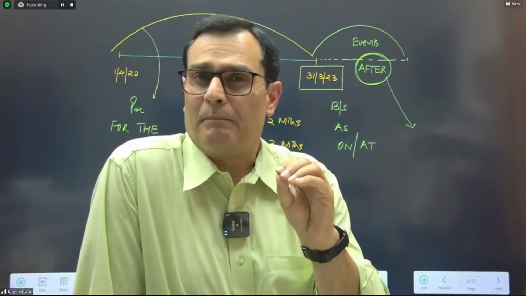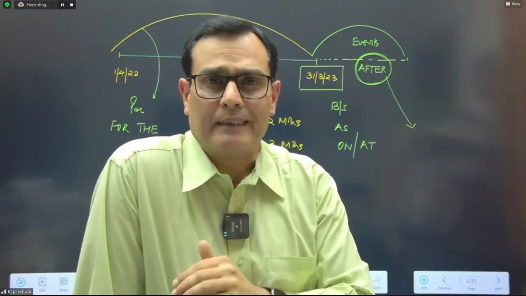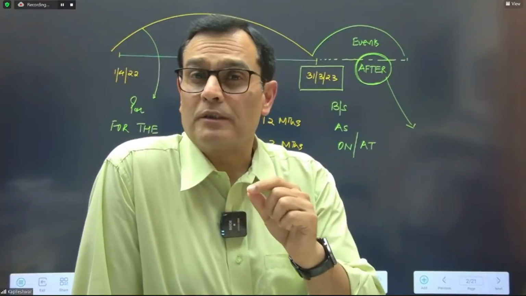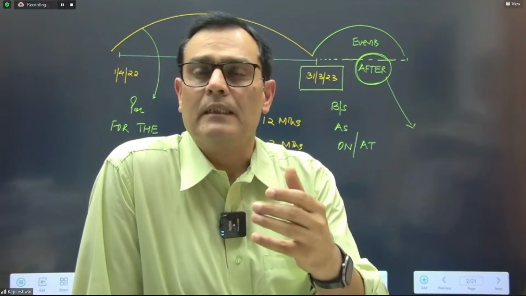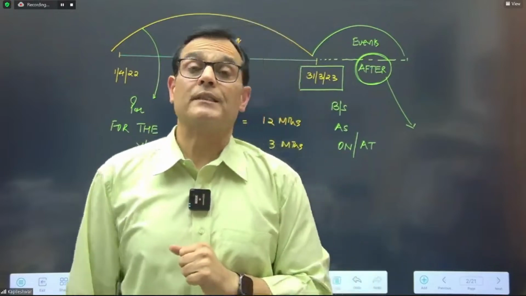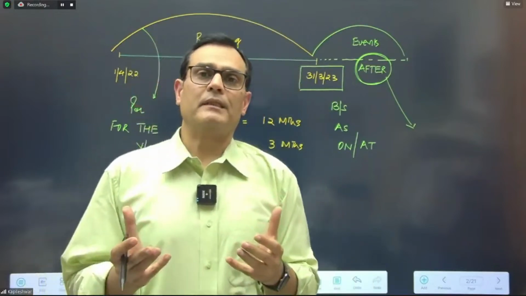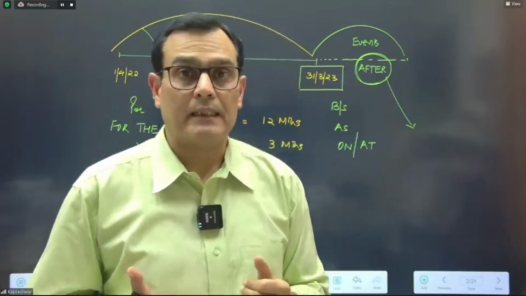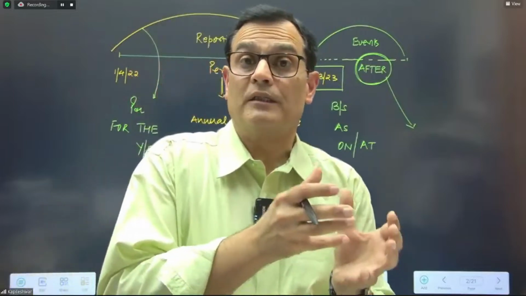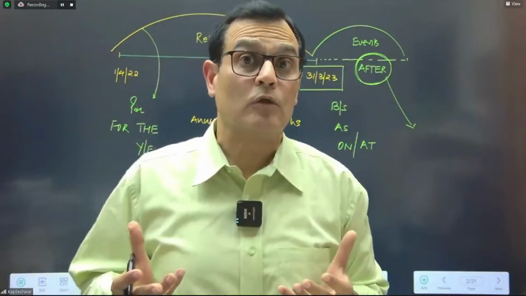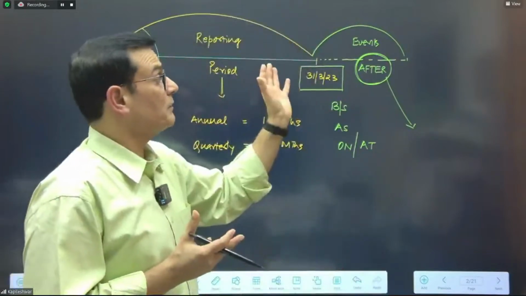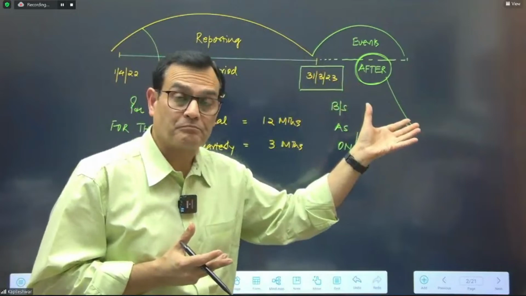Going with the concept that the balance sheet is as on a particular date, and the P&L is for the year ended, apparently anybody would say no. I'm making a balance sheet as on a particular date and a P&L for a given period. Why should I incorporate the events which take place after the balance sheet date?